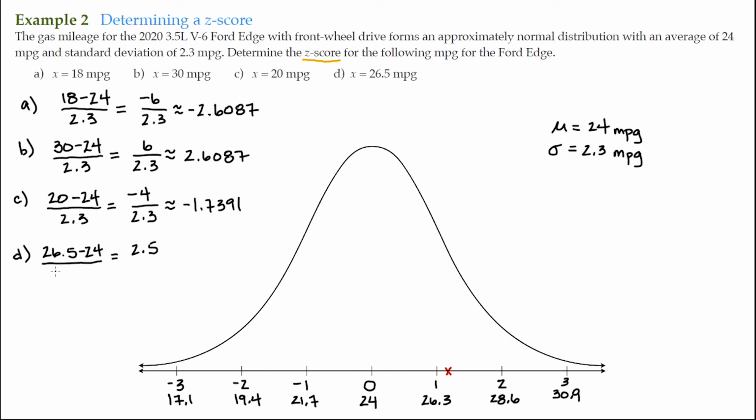We divide by 2.3. And that has a z-score of 1.087. And it looks like it's just a little bit more than 1, of course. That shows it right there. And there we go.